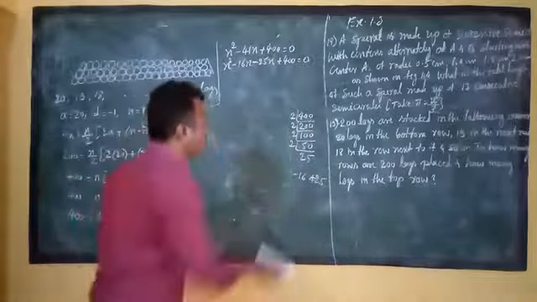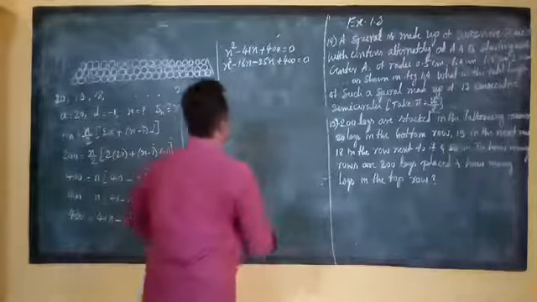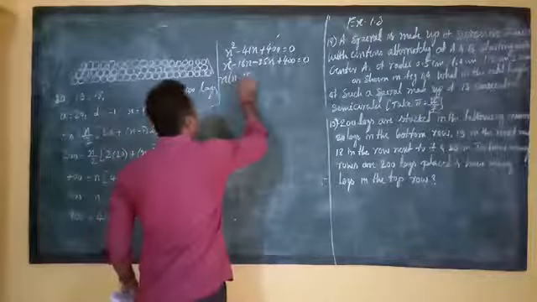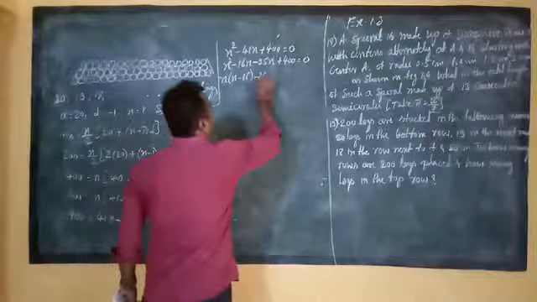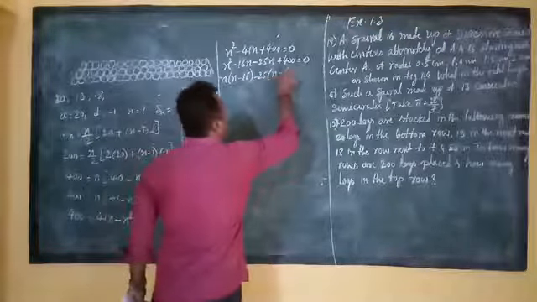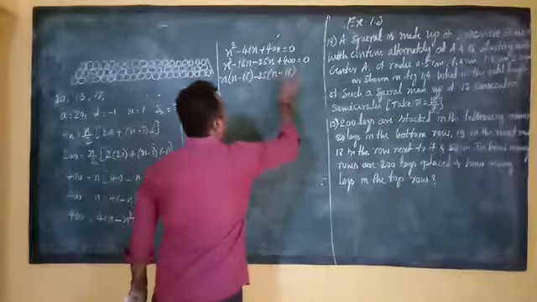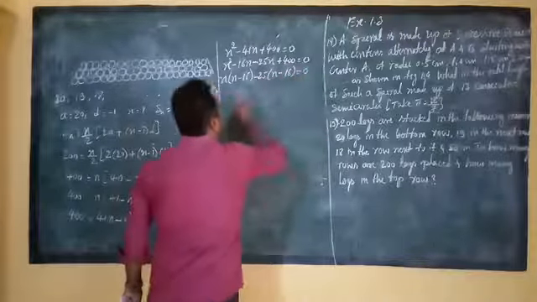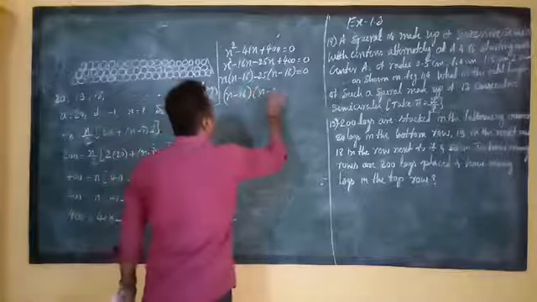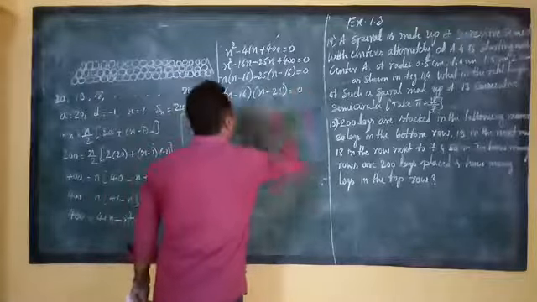Next we have to take out the common. n is the common: n into (n minus 16), minus 25 is the common, remaining (n minus 16). 25 into 16 is 400. So (n minus 16) into (n minus 25) is equal to 0.